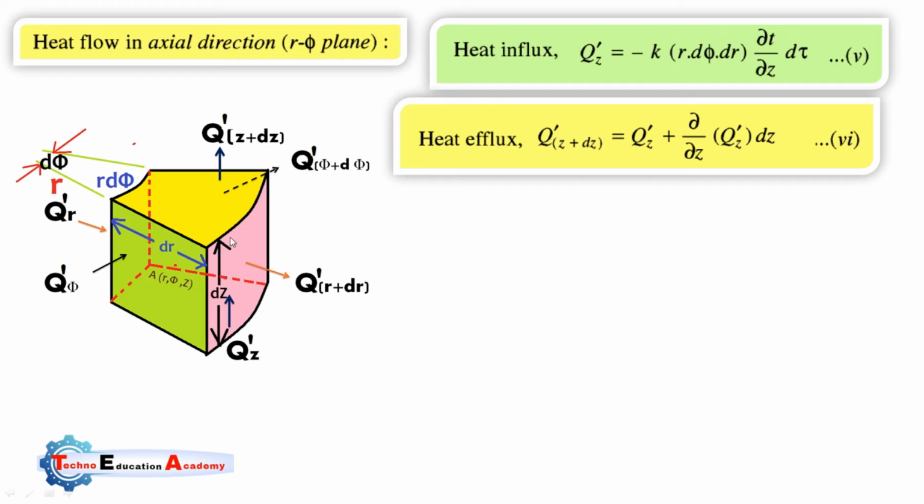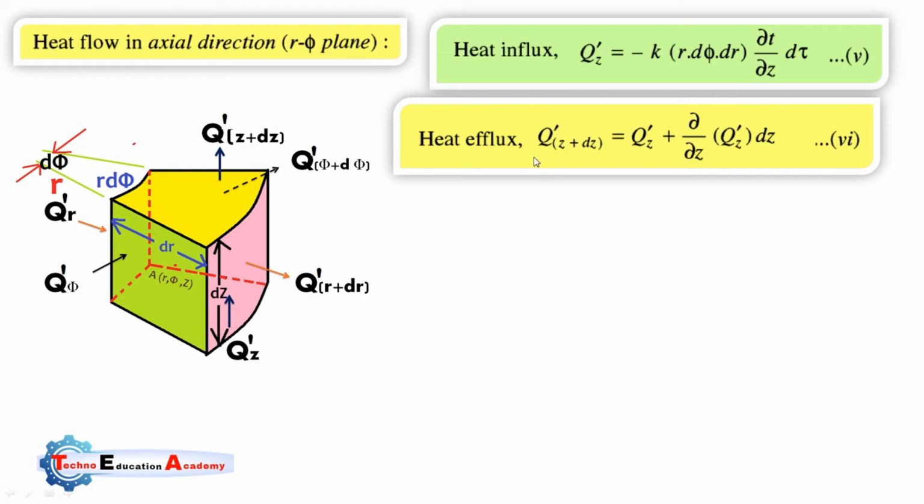Here you can see z is perpendicular to the direction of heat flow. So perpendicular area is r into dφ into dr. Instead of dT by dx, we can write del T by del z, because in this direction the thickness is dz, and here we are considering dτ term because it is a function of time. It is called equation 5.